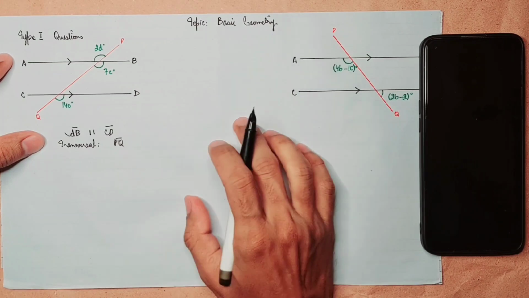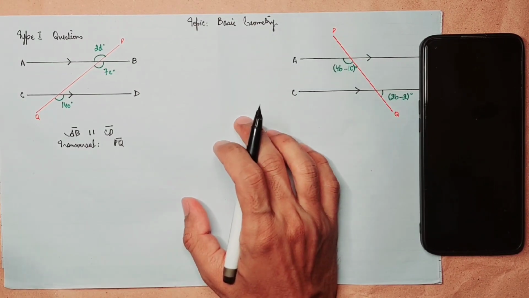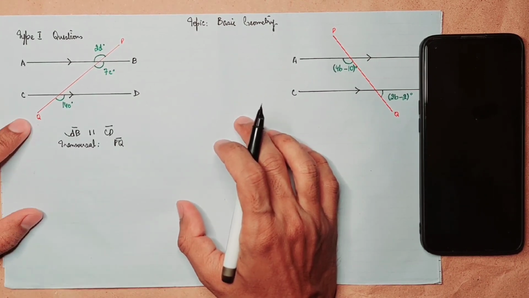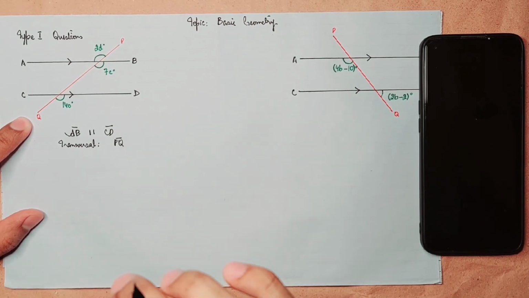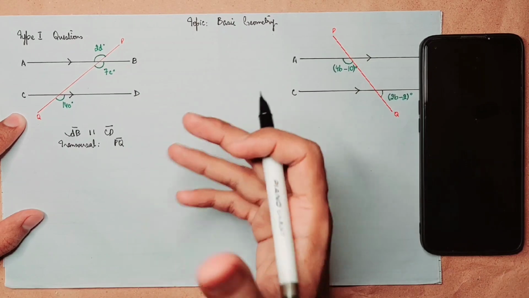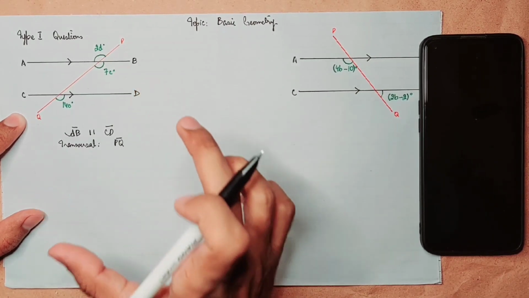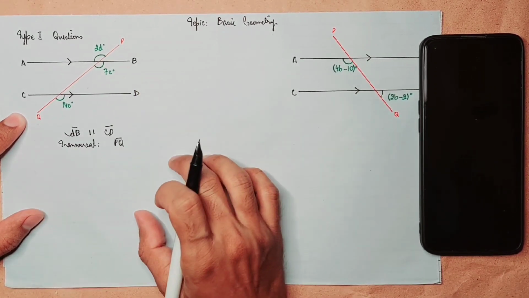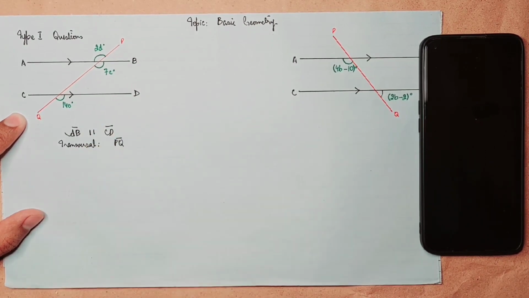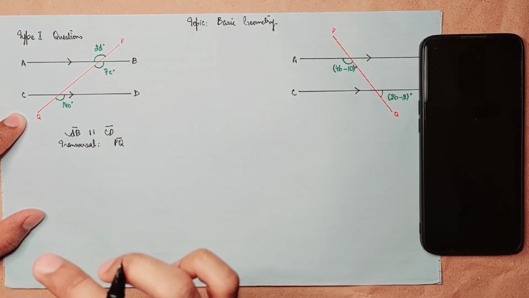Although it seems not necessary while solving these questions, in the upcoming lessons the questions are going to become more and more complicated. So it is a standard procedure to first identify which lines are parallel and which line you are taking as the transversal, so that when you compare the angles, you are comparing the exact angles being formed by the transversal.